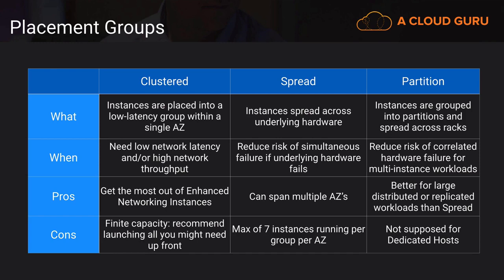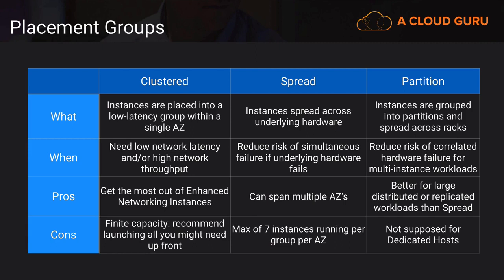The benefit of a spread placement group is that I can put my instances across multiple AZs, and the spread placement group is going to be sure to enforce that for me. The downside is that I can only have a maximum of 7 instances running per group per AZ. As far as partition placement groups, the benefit there is it's really designed for large multi-instance architectures, and we'll see an example of this in a bit.